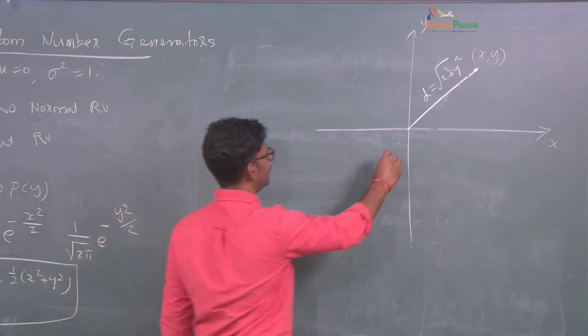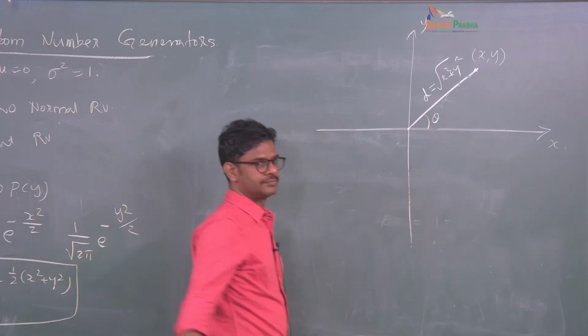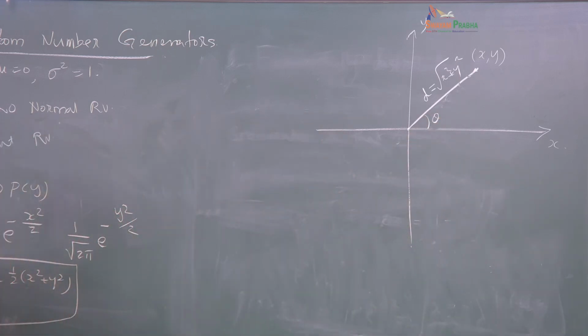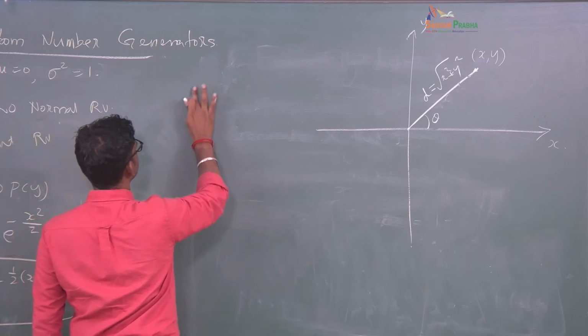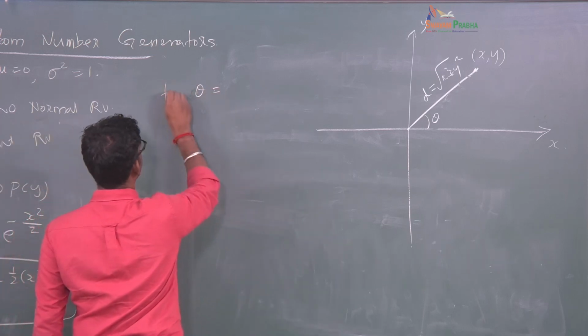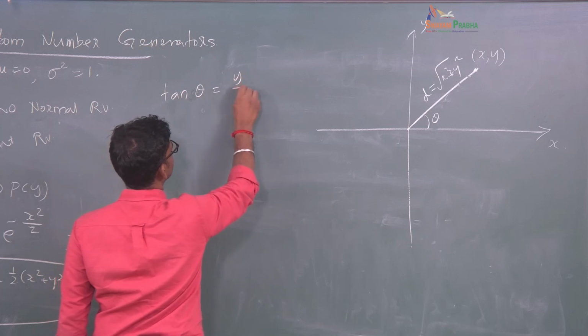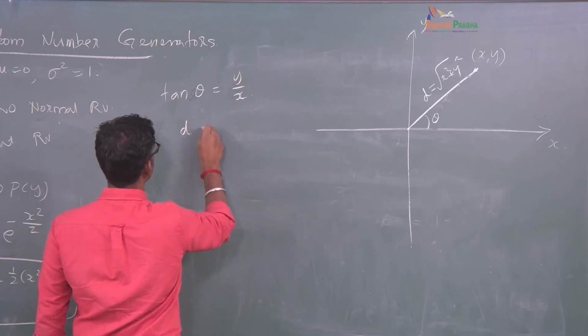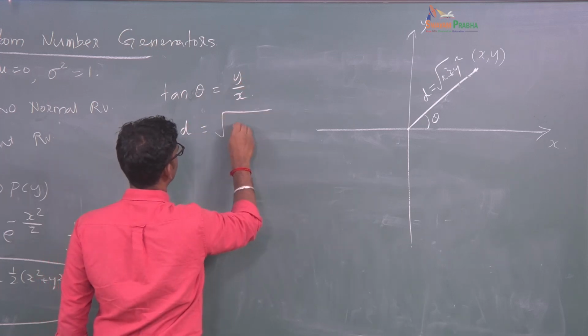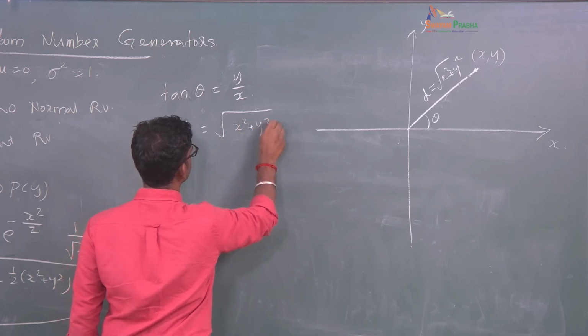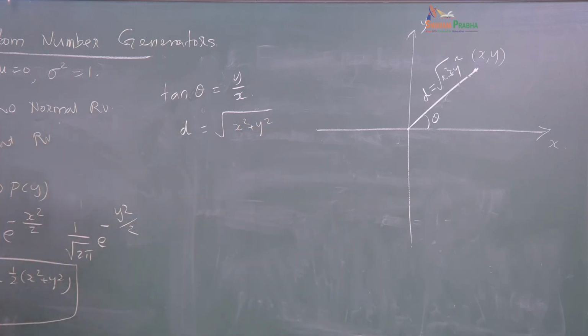I will call it d. And then I can also define an angle here, theta. So we say that tan theta is y by x, and d is square root of x square plus y square.